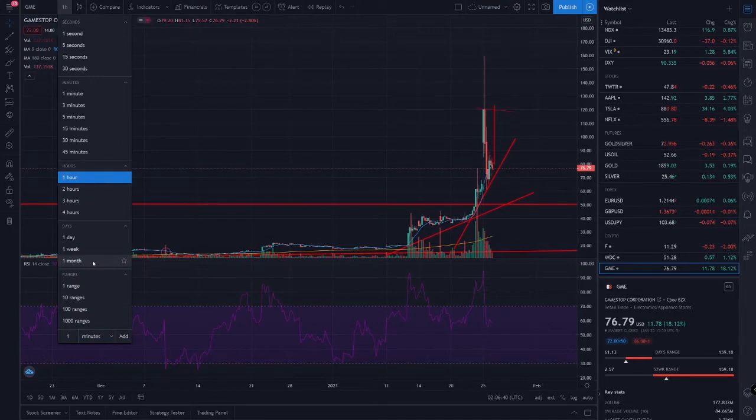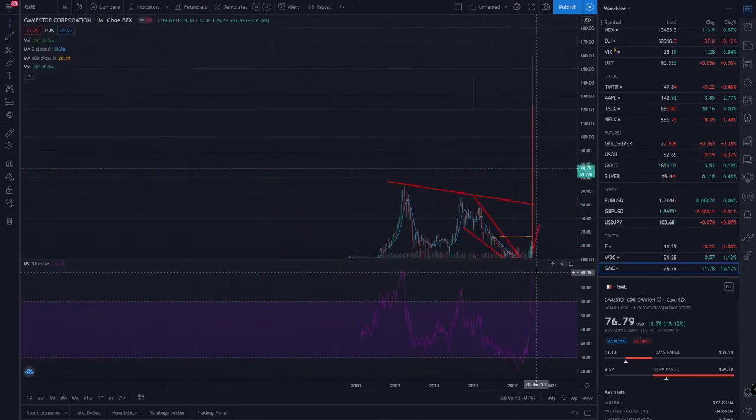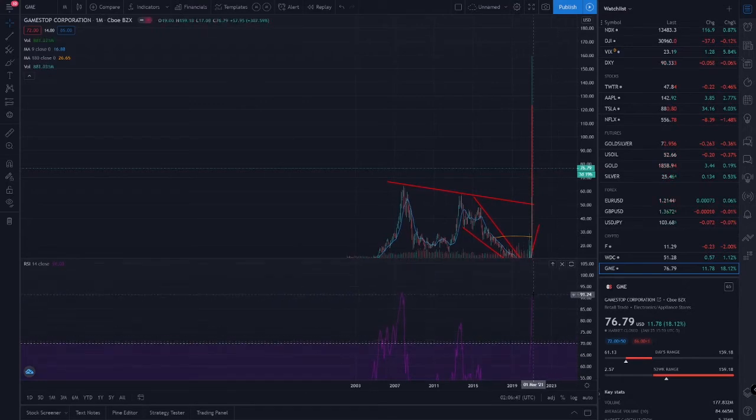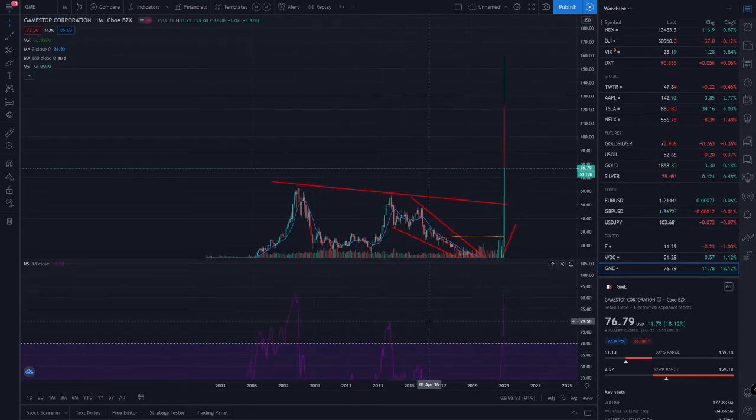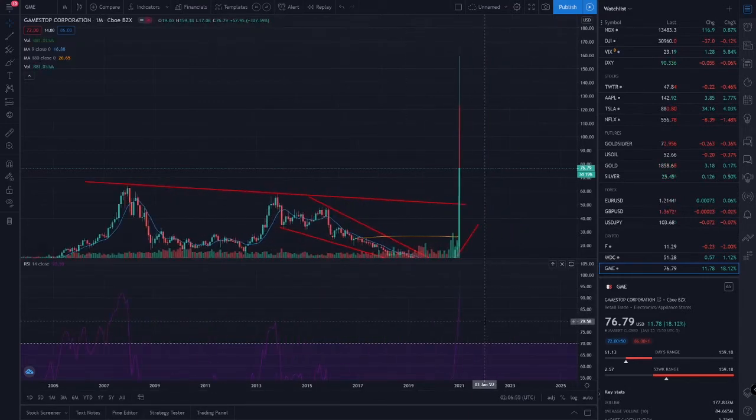But yeah, super oversold territories. So be careful about this stock, I think.